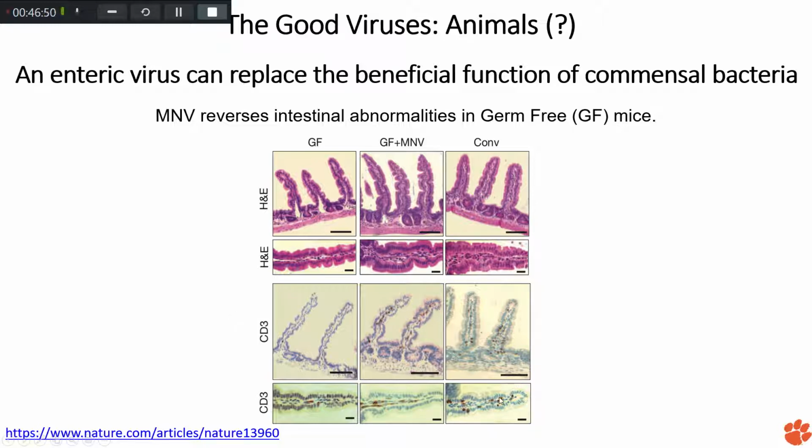So in the conventional cell, you can see that the central part of the villi contains the T cells, and these T cells are basically the cytotoxic T cells, as well as some of the helper T cells. They basically are there as surveillance cells. So basically, if it gets infected, it's going to alert the immune system to do something.